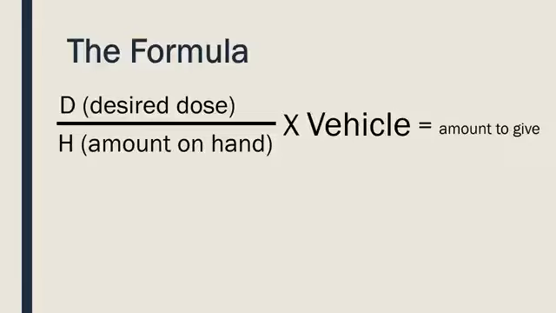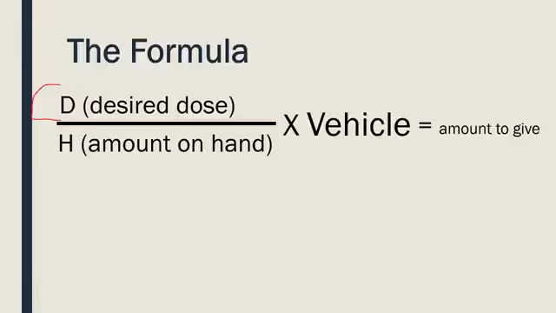So let's take a look at the formula. The formula has three parts. The first part is right here, the desired dose. The desired dose is, for example, the patient needs 250 milligrams of metformin.